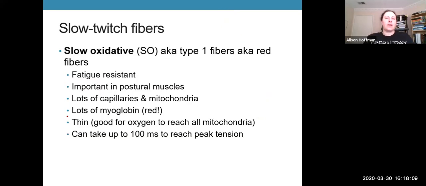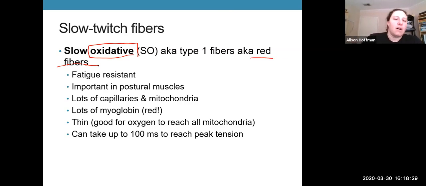So slow twitch fibers, of course, have additional names. They're also called slow oxidative or red fibers. Now, slow oxidative is probably the most useful name because slow twitch fibers are known for always using the aerobic metabolic pathway to generate their ATP.